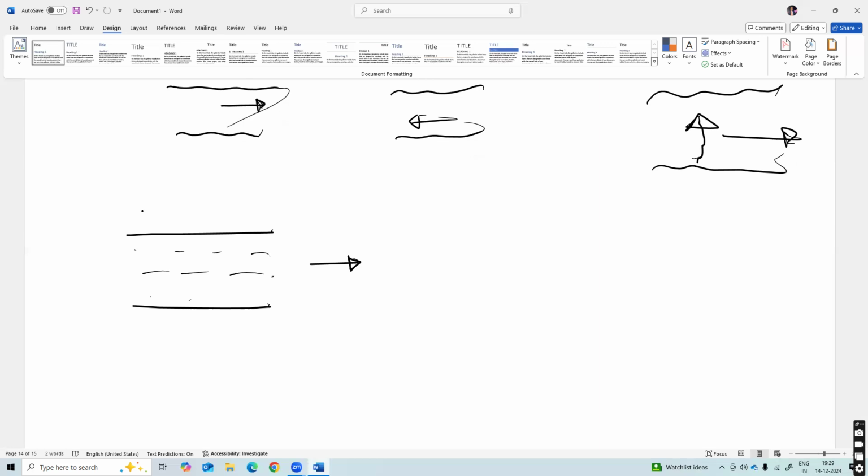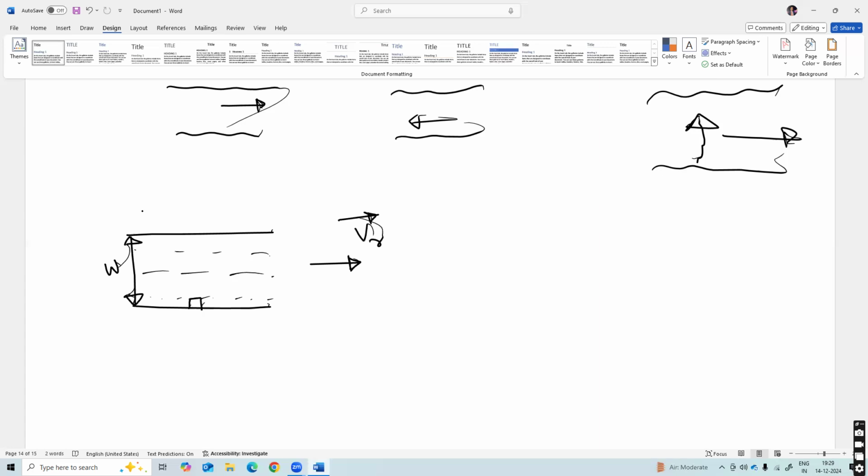They will either give a problem where a boat is crossing the river or a person is crossing a river by swimming. So let's consider a case of a boat crossing a river. So here is a boat. Let's say this is the width of the river, W. If this is the direction of flow of the river, VR is the velocity of the river flow, and W is the width of the river.